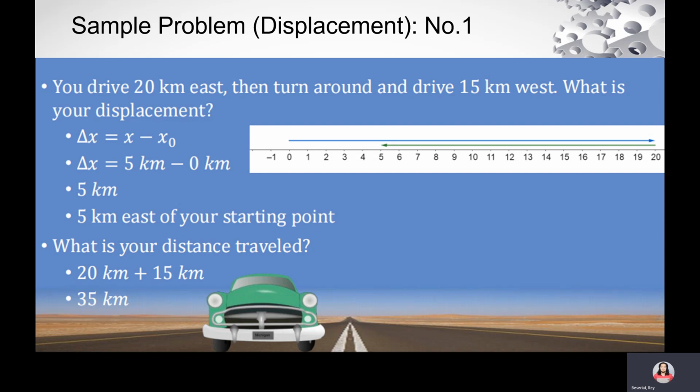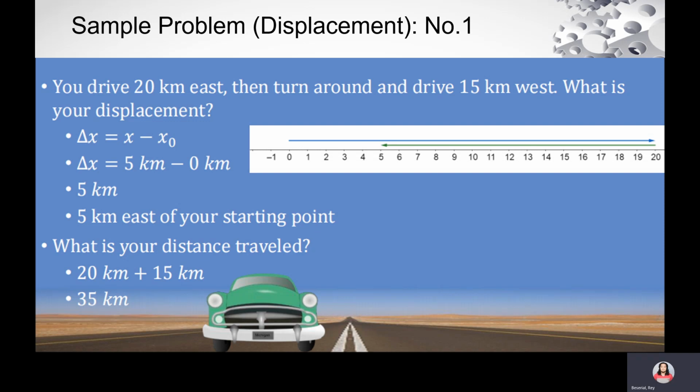Pero sa direction na yon, ito ang ating basehan is yung mas malaki, which is papuntang east. Yung last direction natin papuntang west. So, negative 5 due west. So, para ma-positive natin siya, dapat yung ating statement is positive. So, magiging positive 5 or 5 kilometer. And then, di ba, negative 5 kilometer due west. So, magiging 5 kilometer due east of your starting point. So, ito yung ating correct statement.